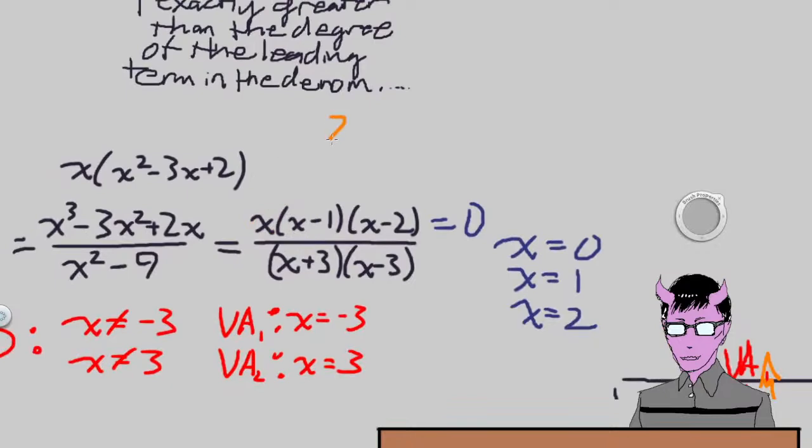We get 2.5. We get 1.5. And we get a very unpleasant negative 0.5. Wonderful. No, yeah, that's correct, because we're plugging in 2.5.